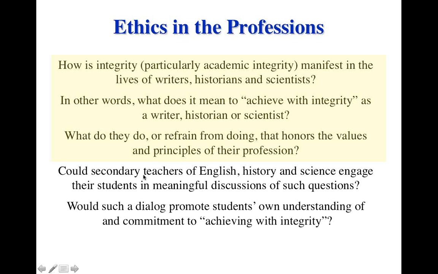In the project description of the grant, we asked how integrity, particularly academic integrity, is manifest in the lives of writers, historians, and scientists. In other words, what does it mean to achieve with integrity as a writer, historian, or scientist? What do they do or refrain from doing that honors the values, principles, or ethics of their profession?